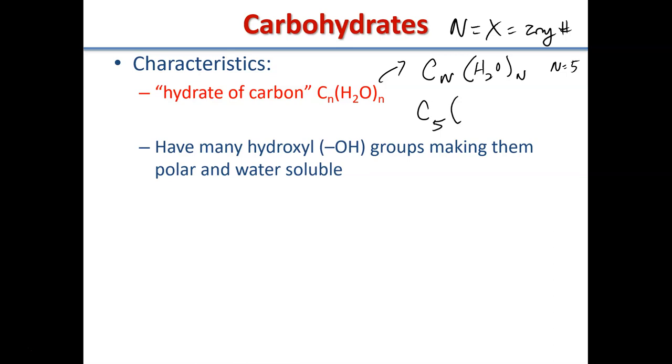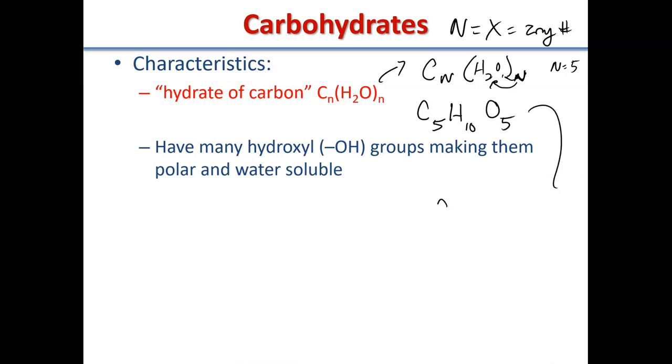If that's the case, we're going to make C5, and then n is going to be multiplied by this 2 and multiplied by an invisible 1 that we see down here. So that would make our formula for this carbohydrate C5H10O5.